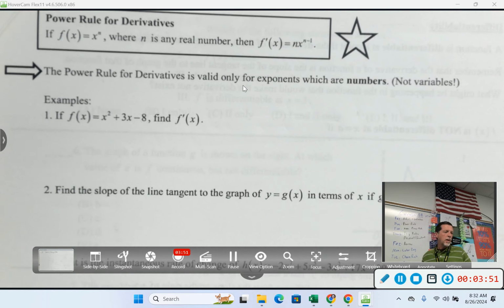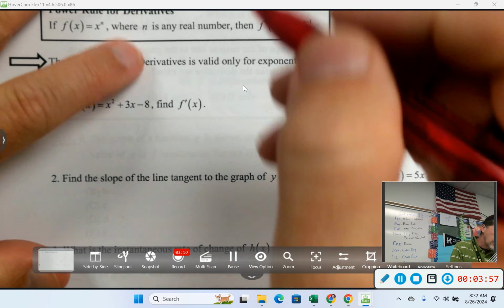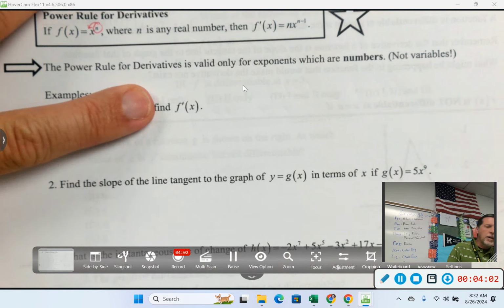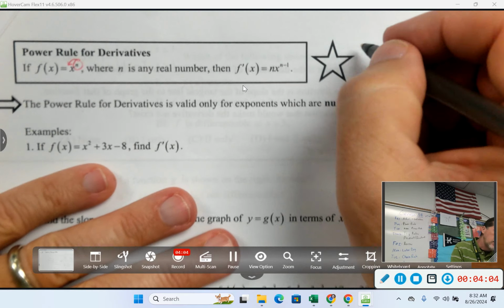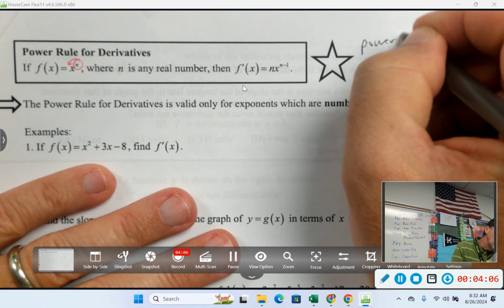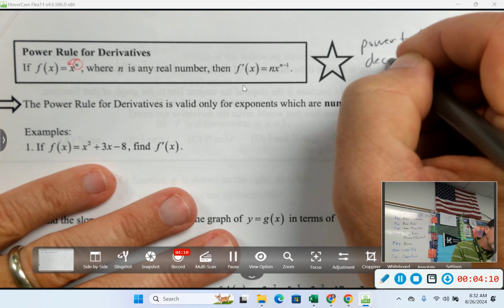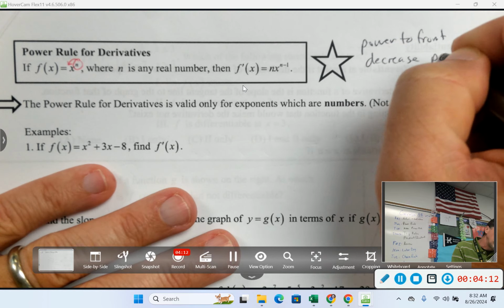Okay, so there's the power rule in the shortcut form. All right, the n goes to the front and decreases by 1. Power to front and decrease the power by 1.